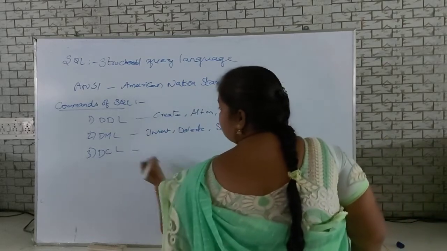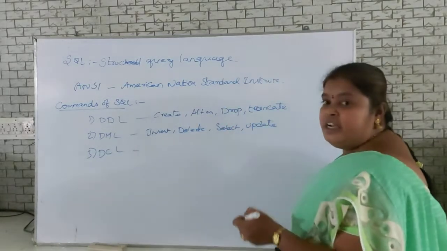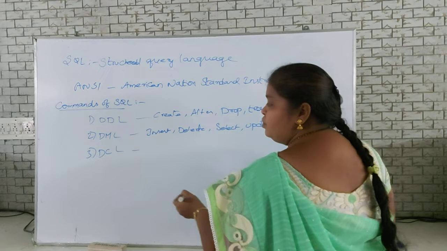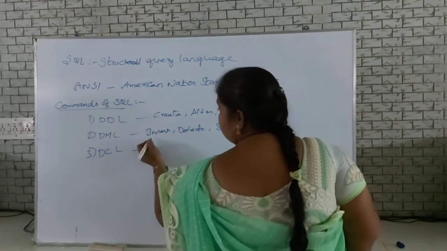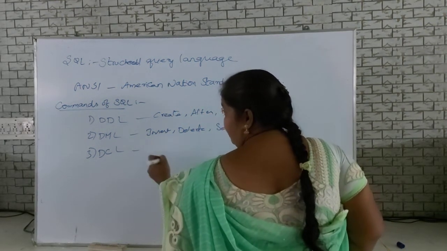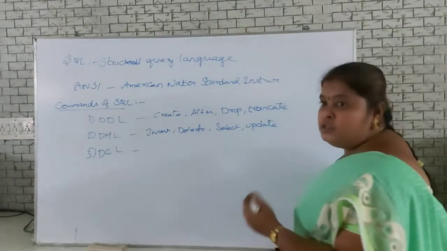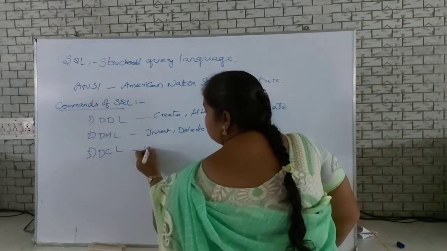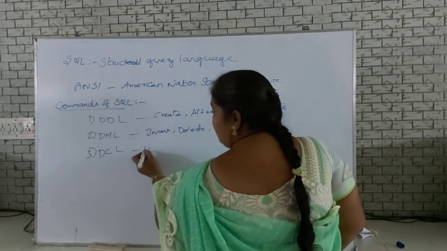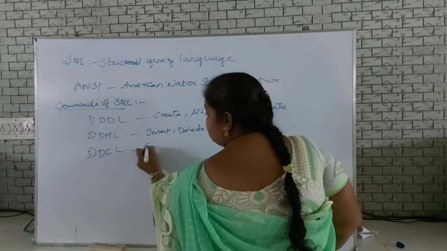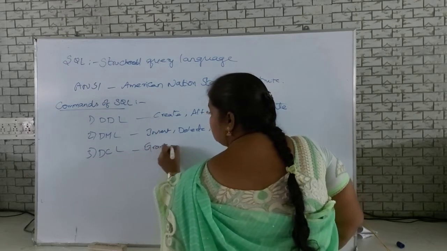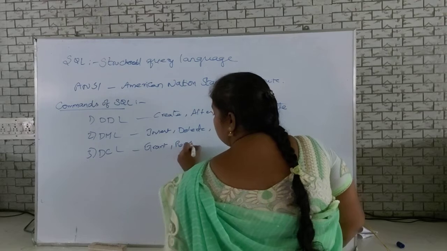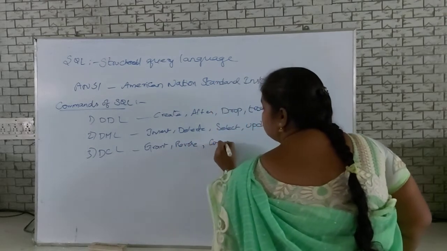And coming to DCL, DCL stands for data control language, which is used to control the operations, and to give permissions to the users. The commands in DCL are grant, revoke, commit, and rollback.